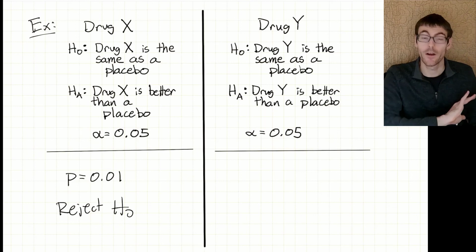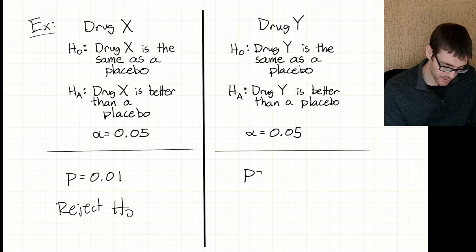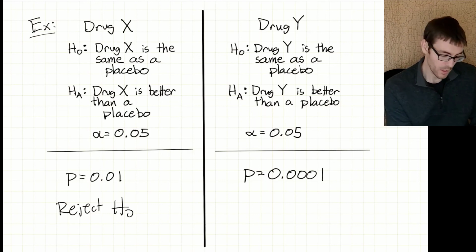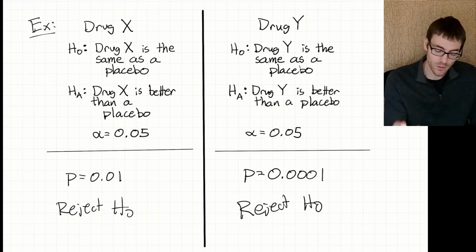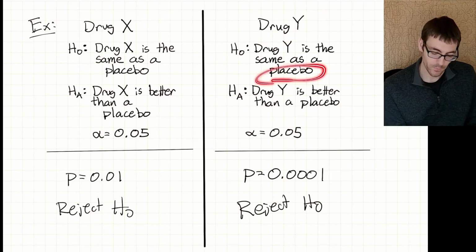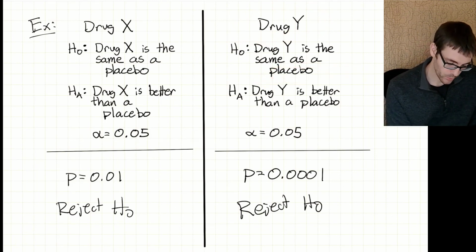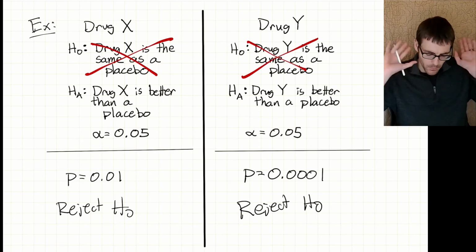Similarly, on our other experiment, we could have gone through the whole hypothesis test procedure for drug Y. Maybe we find that its p-value is 0.0001. Okay, so over here, yeah, we certainly reject the null hypothesis as well. This is also evidence that drug Y is an improvement over a placebo. So in both situations, we're going to reject the null hypothesis in favor of the alternate hypothesis.